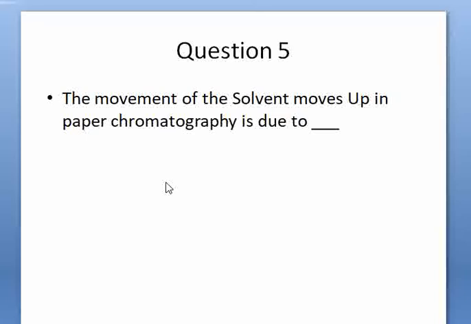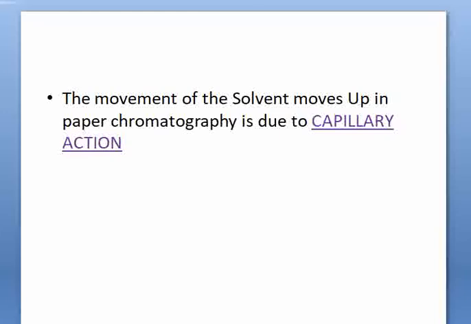But here in paper chromatography, why does the solvent move from the bottom of the paper to the upper position? Because the paper is made up of cellulose. The solvent we have kept in the vessel moves because of capillary action. These questions we can expect in our examinations.